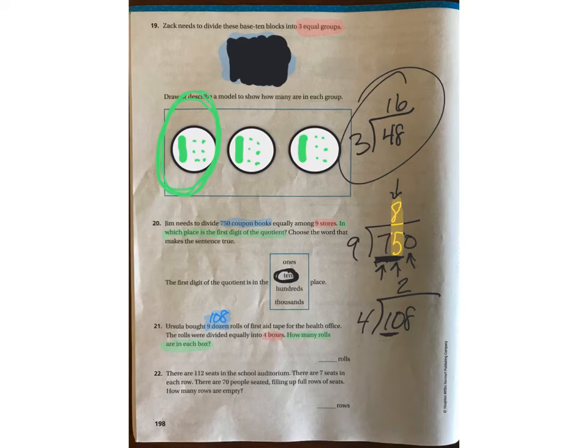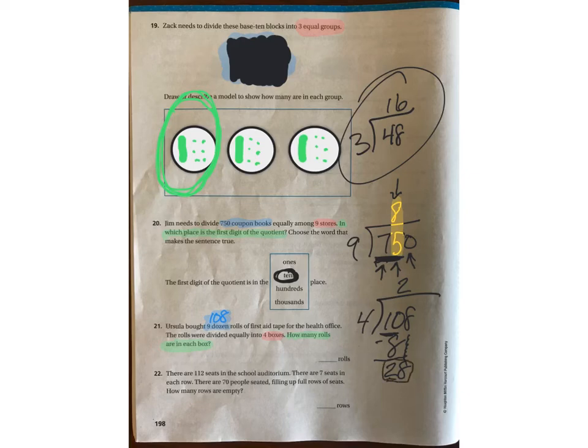So divide. 10 divided by 4, kind of like 2. 2 times 4 is 8. Divide, multiply, subtract. 10 minus 8 is 2. And then bring down 8. Now instead we have 2 tens, now we have 28 ones.